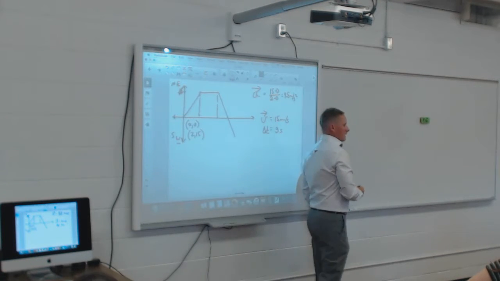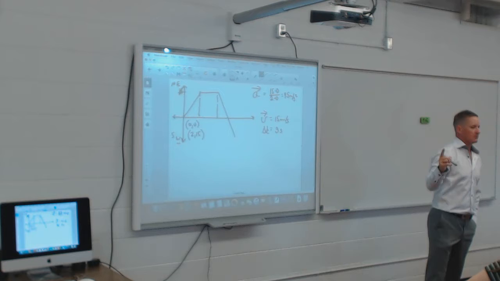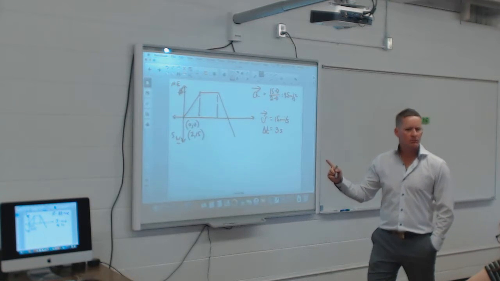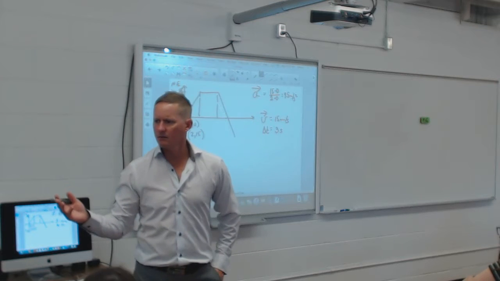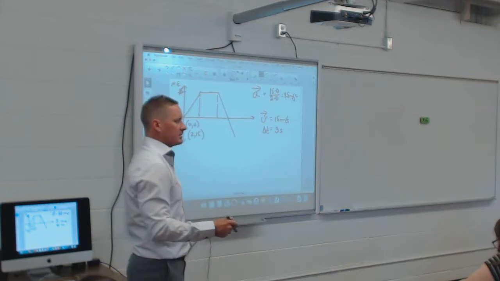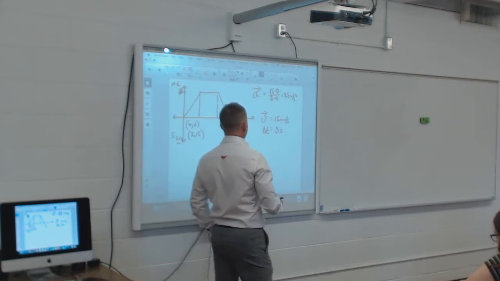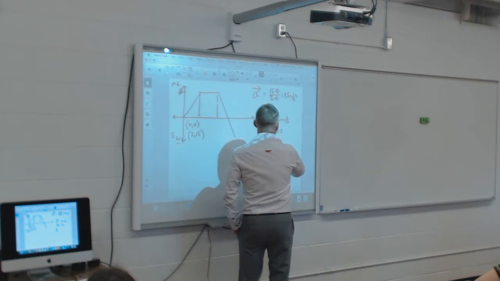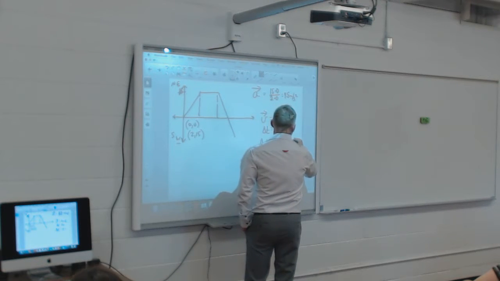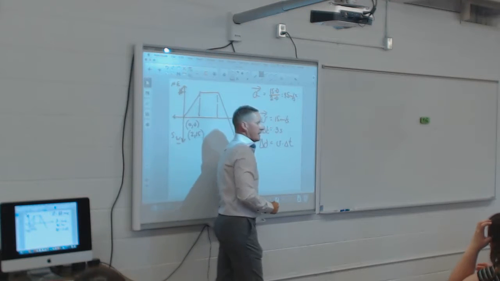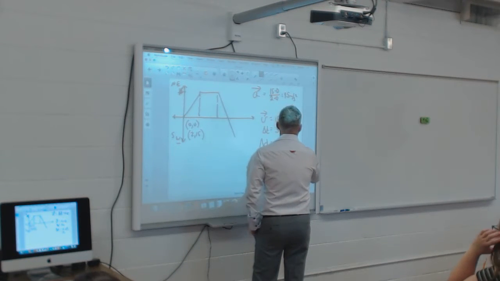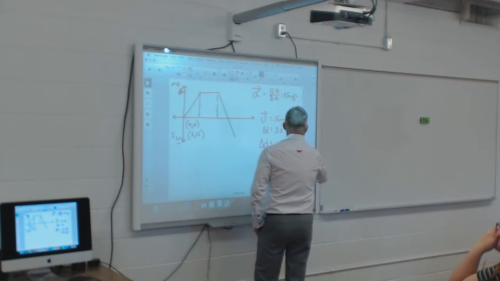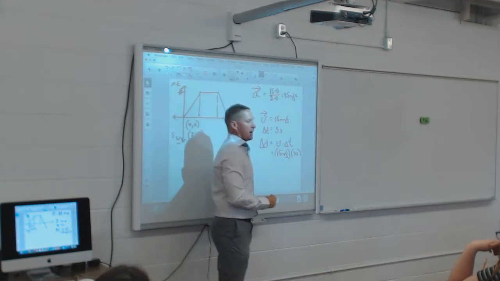What's my acceleration? 0. How far did I go? 45 meters. Where'd you get that? Velocity times time. My displacement is found by taking velocity times time. We agree? And right now, I am moving at 15 meters per second for 3 seconds. So how far did I go?